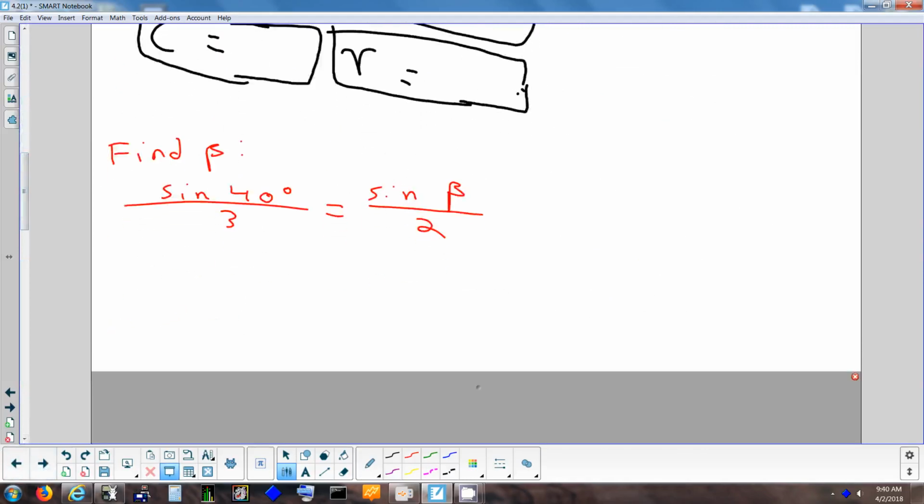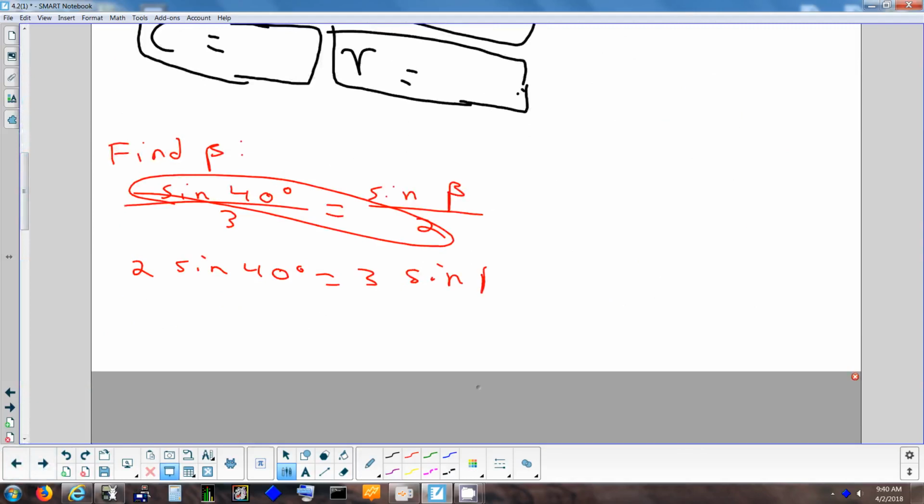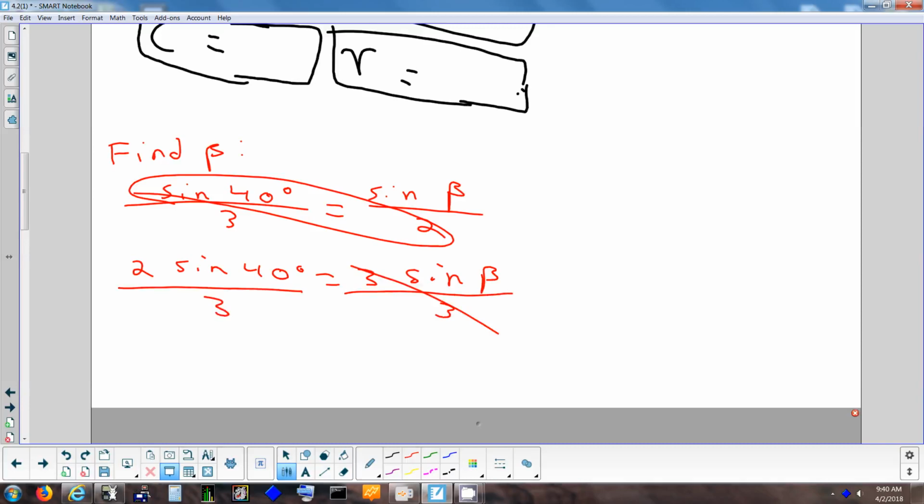So we're going to cross multiply, just like normal. So 2 sine 40 equals 3 sine beta. I want to get the 3 on the other side, so I'll divide by it. And that still doesn't get beta by itself, but at least it gets rid of the 3. So now on the right, I have sine beta, and on the left, 2 sine 40 over 3.